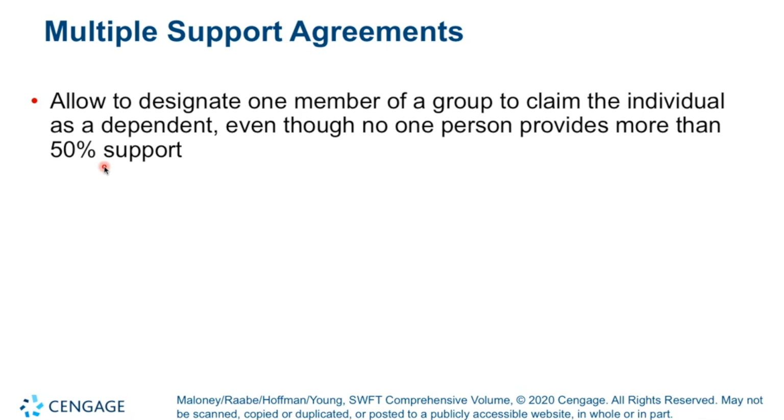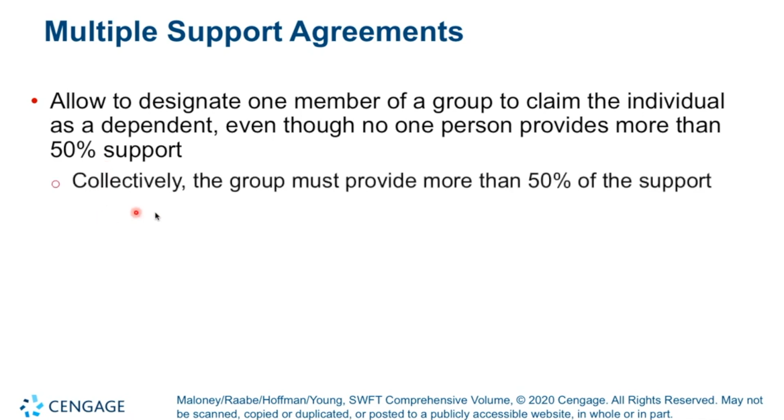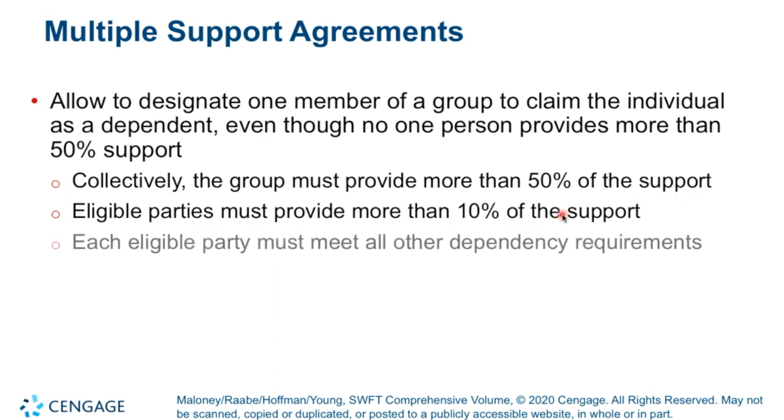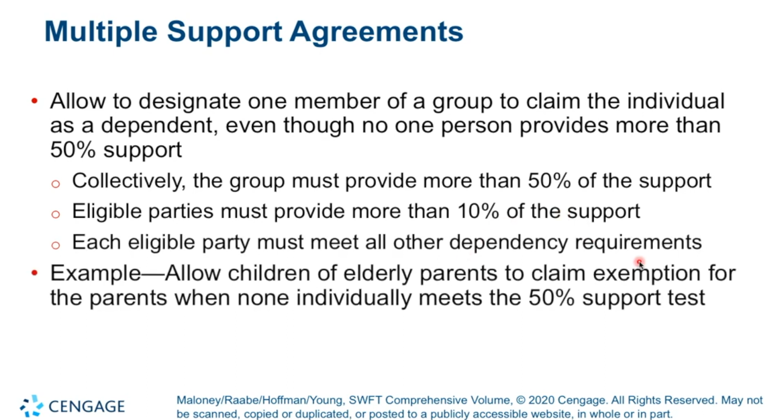Collectively, the group designating one member to get the deduction must provide more than 50% of the support altogether. Eligible parties must provide more than 10% of the support to qualify. You can't take it if less than 10%, and they must meet all of the other requirements.